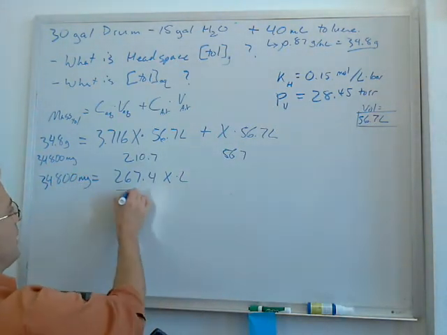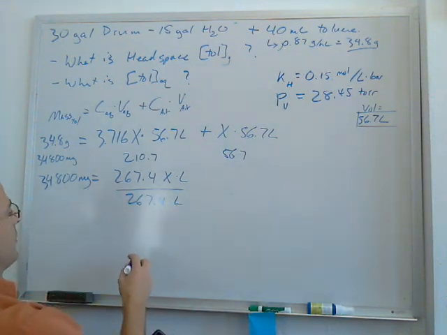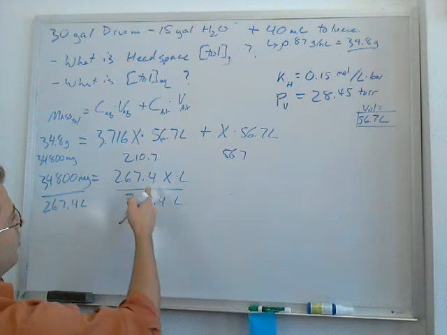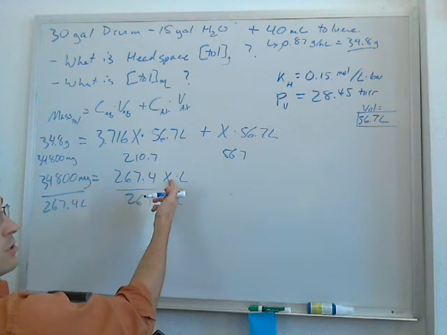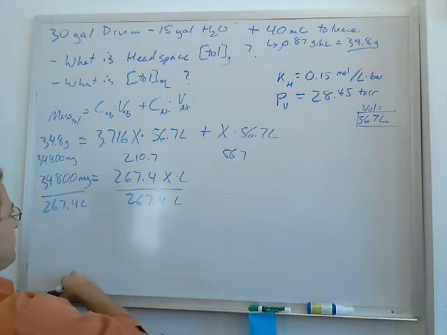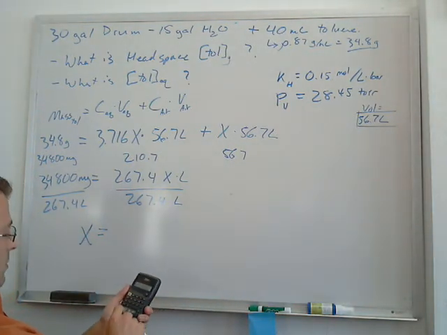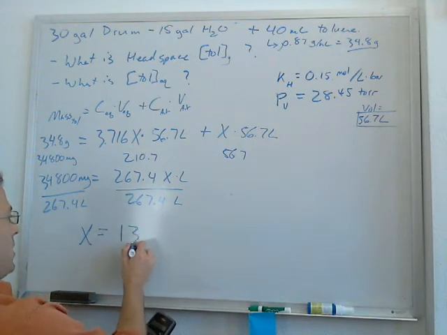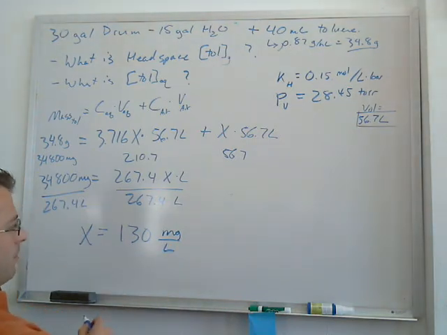So we simply divide out by 267.4 liters, and we're left with milligrams per liter, which is our original units. Okay. And so x equals 130 milligrams per liter.